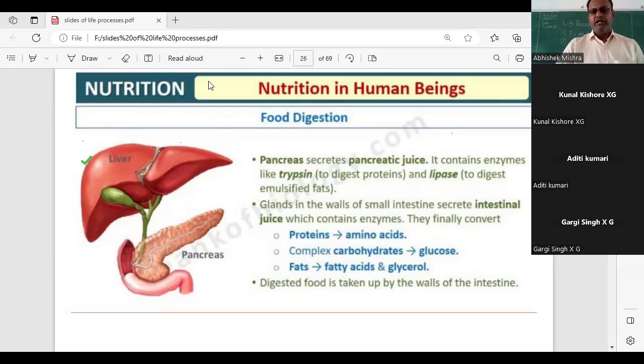Gargi, what is digestion? How can we define digestion? It is the process by which complex food is broken down into simpler substances, or the simpler form. Fine, good.